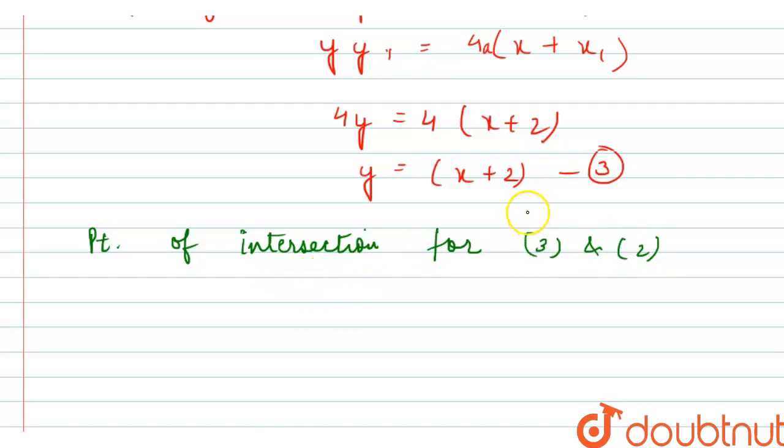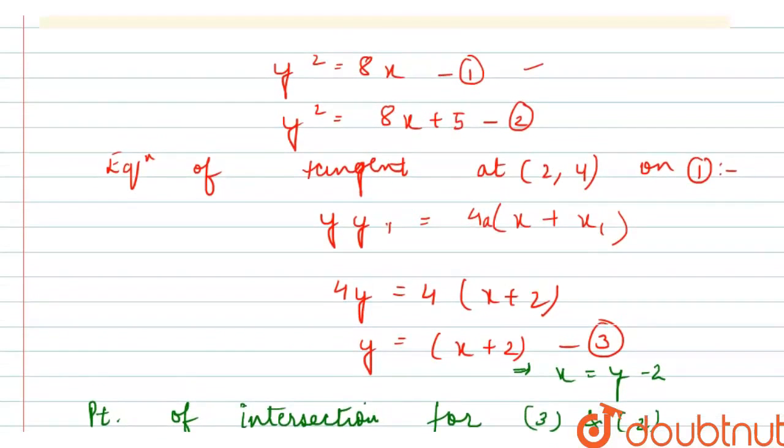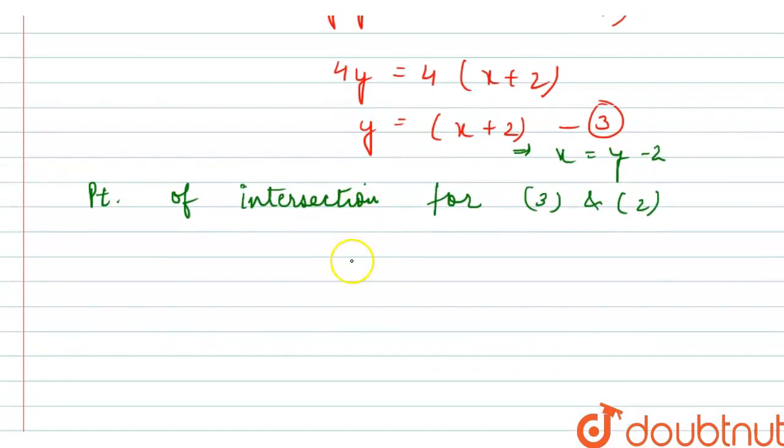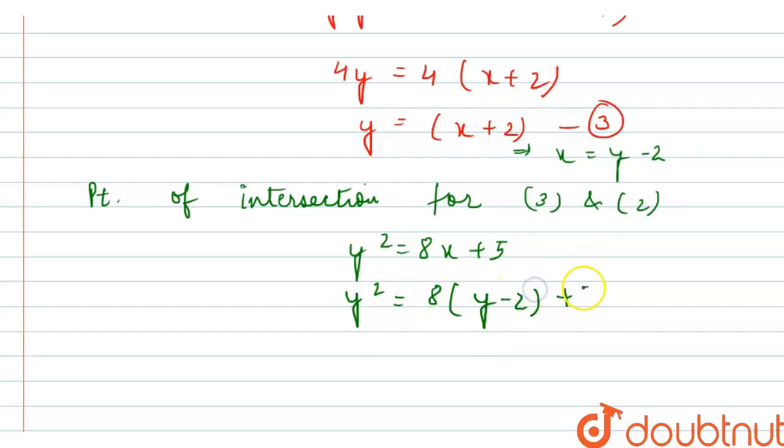So I'm using this value of y, I am finding out the value of x, which is equal to y minus 2. I'll be substituting it in equation number 2, that is y square is equal to 8x plus 5. So using x is equal to y minus 2, it will become y square is equal to 8 into y minus 2 plus 5.